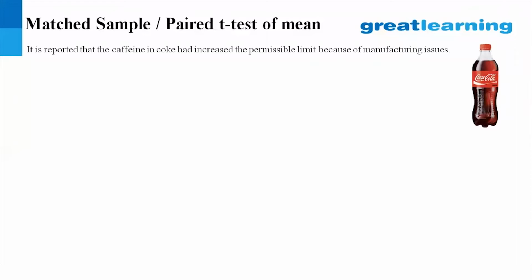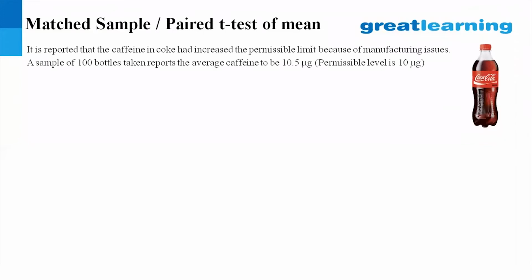So for example, say that for a particular manufacturing center, some manufacturing issues occurred and the caffeine level in the Coca-Cola bottle increased beyond the permissible limit. This happened in one of the manufacturing centers.